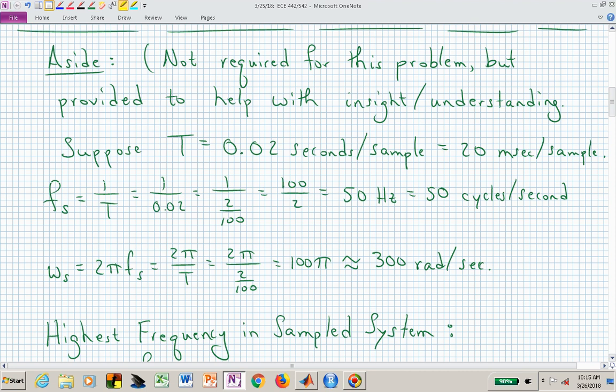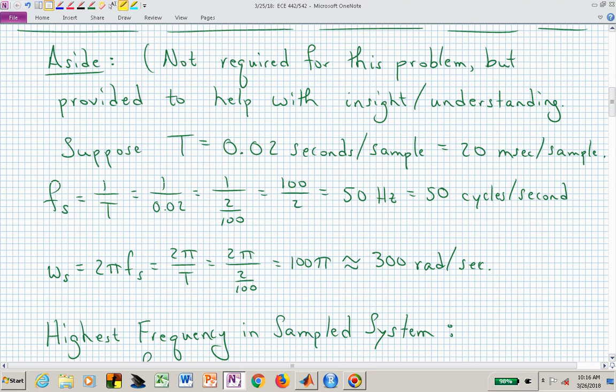We can find the sampling frequency in hertz by taking the reciprocal of capital T, 1 over 0.02. Since 0.02 is 2 over 100, multiplying numerator and denominator by 100 shows that 1 over 0.02 is 50 hertz, or 50 cycles per second. That's how quickly we would be sampling this system.